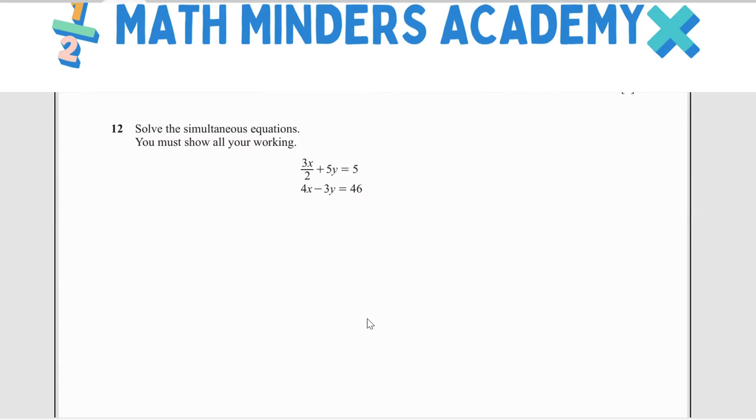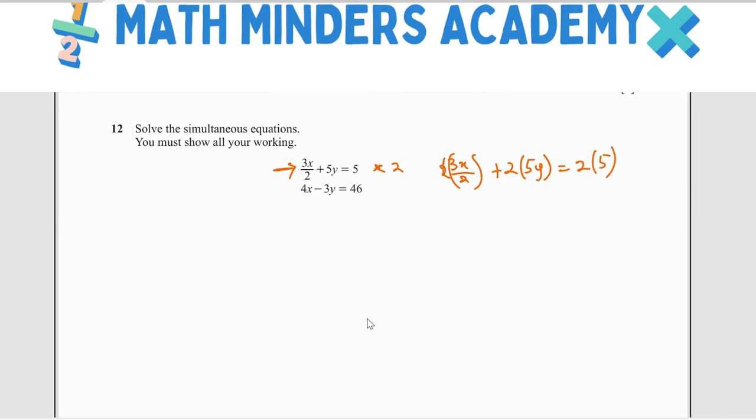Question 12, we want to solve the simultaneous equations. What we do here is ensure that the denominator is removed. For you to remove it, multiply every term here by 2. So you are going to have 3x over 2, multiplied by 2, multiply 5y by 2 and multiply 5 by 2.